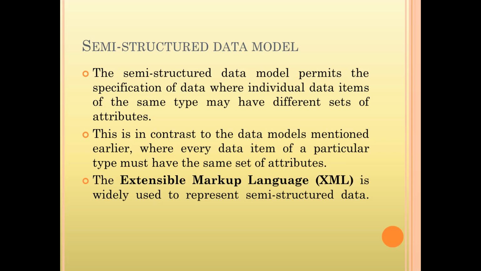But the same kind of data item can have different sets of attributes when we talk with respect to the semi-structured data model. Extensible markup language, XML, is widely used to represent this semi-structured data model.